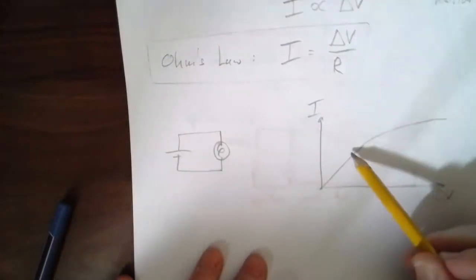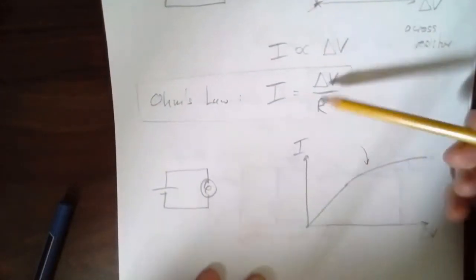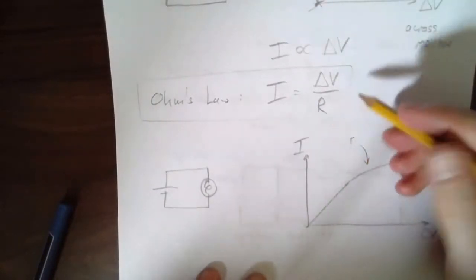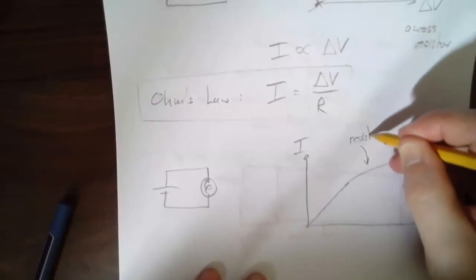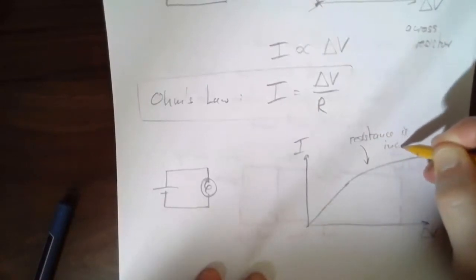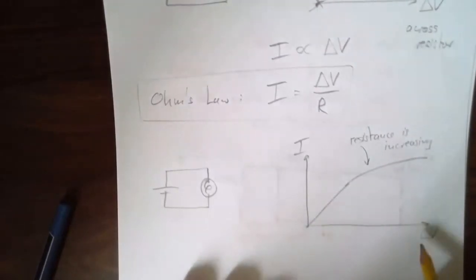Or in other words, it looks as if the resistance is increasing. If we try to apply Ohm's law anyway, then it says that R isn't constant, but the resistance is increasing. Right? The current just doesn't want to go up as easily anymore as I add more voltage.